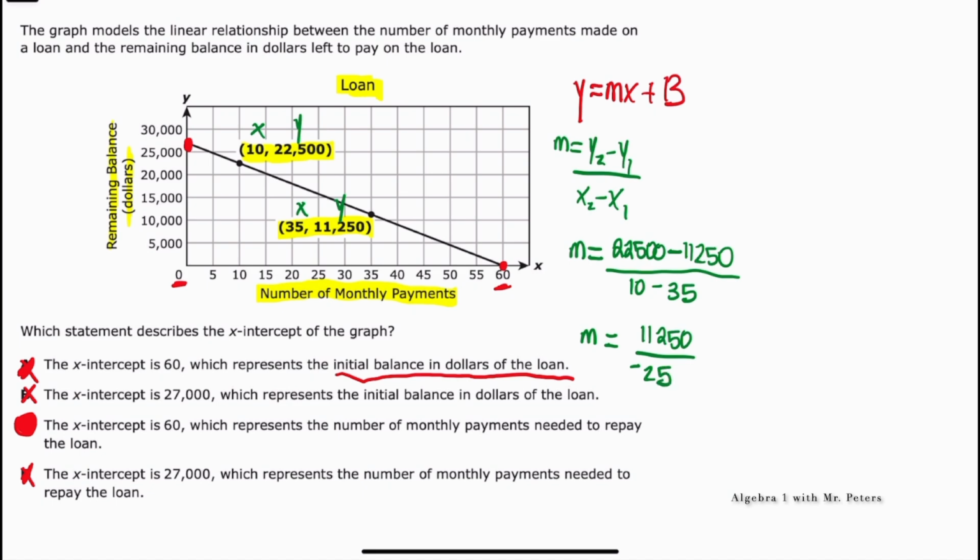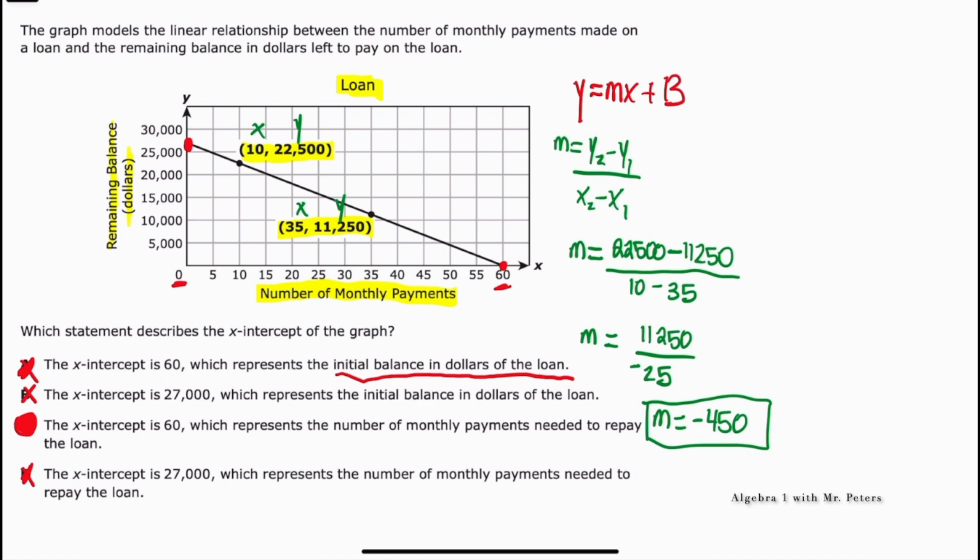And now when we simplify our slope, we get M is equal to negative 450. Yes, the slope has to be negative because of the way the line is represented on the graph. It's on a decline. And when we interpret the slope, remember the slope is just the dollars per month, right? Y over X. And this is how much the person is paying per month on the loan, $450.